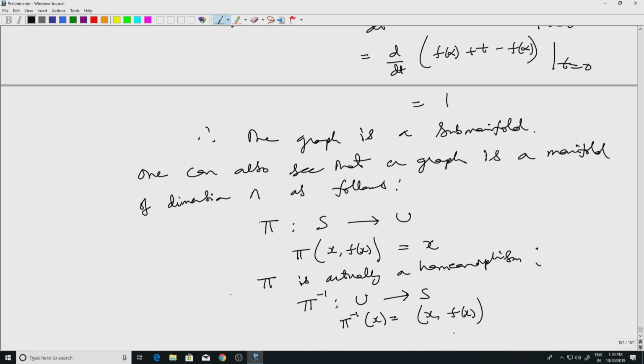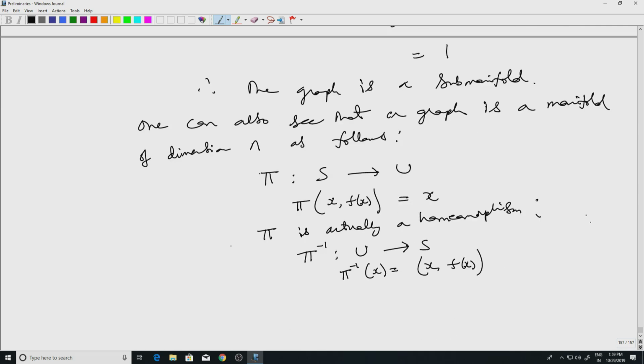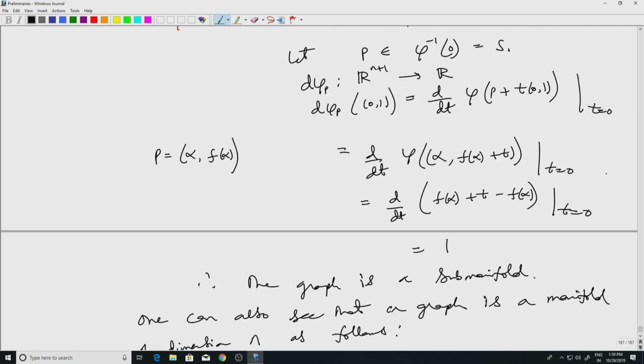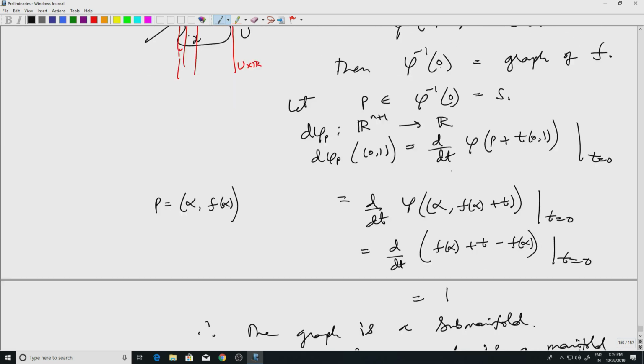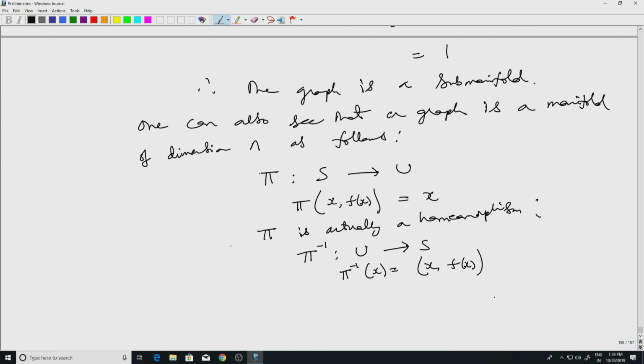It's a small exercise to check that the single chart structure and the smooth structure given by the regular value theorem are the same. Right. So now I would like to say a few words.